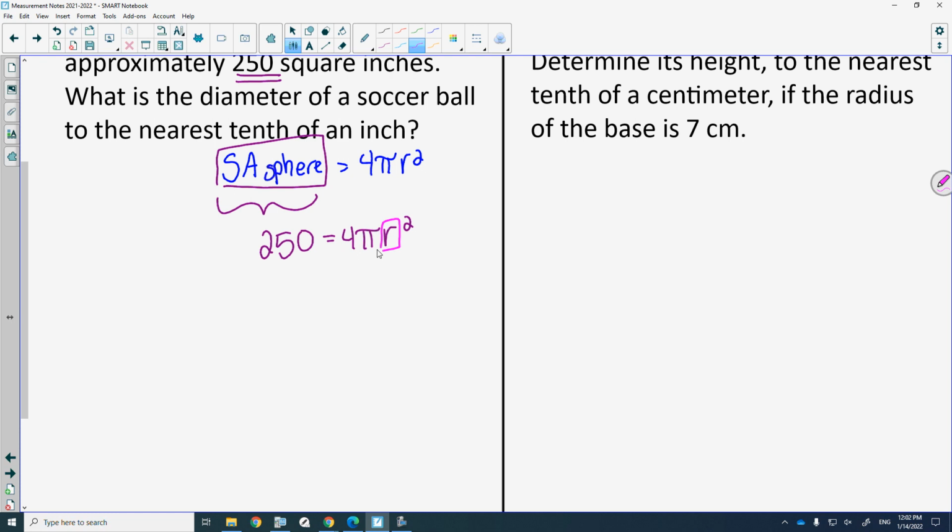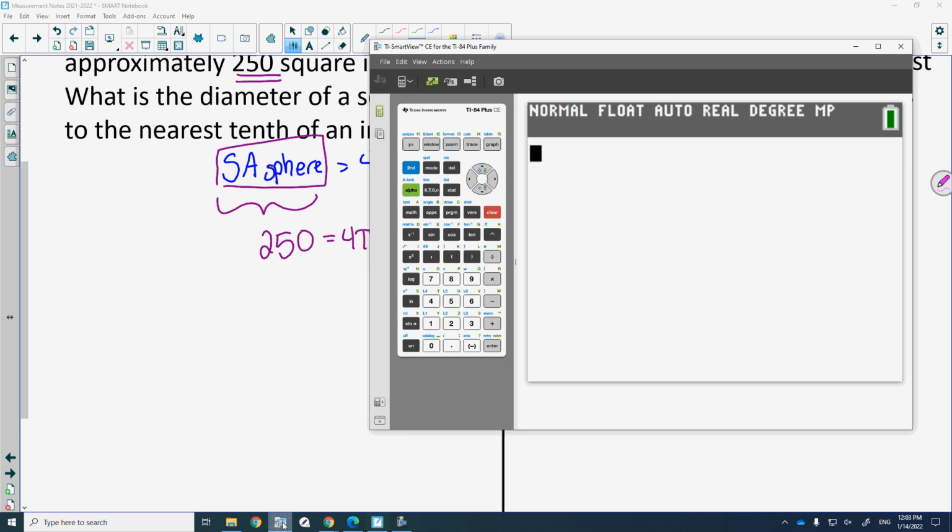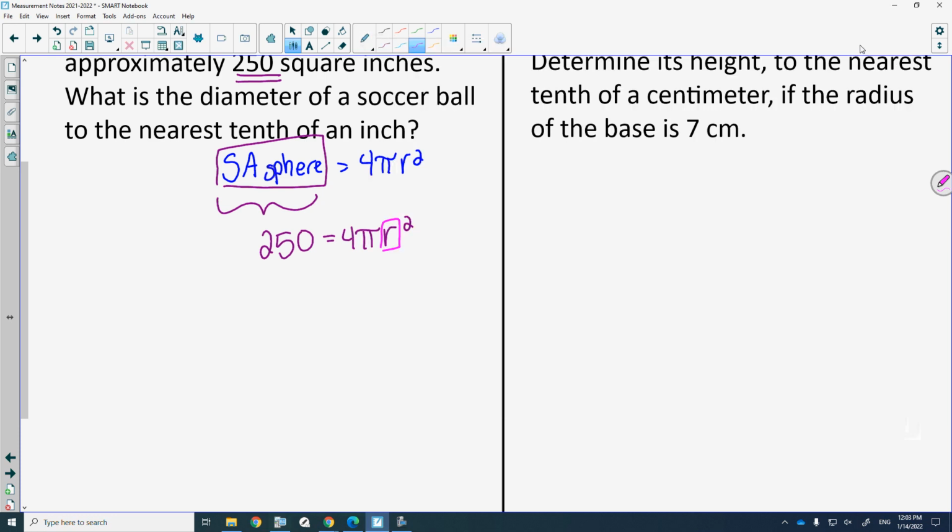You can do it in one of two ways. You could divide both sides by 4 pi, or let's just calculate what 4 pi is in our calculators. So 4 pi would be 12.566. So let's write down that 250 is equal to 12.566 r squared. And you know that if the two numbers are next to each other, it's a multiplication.